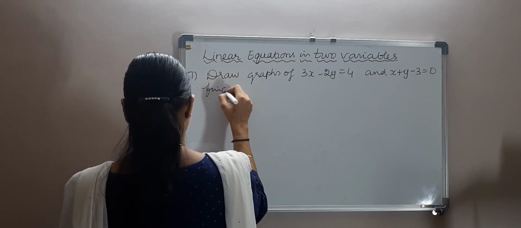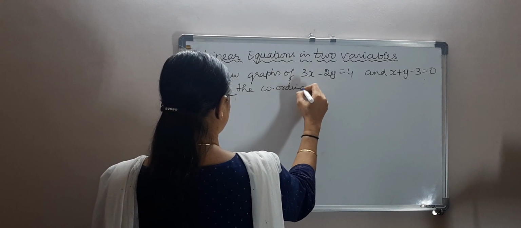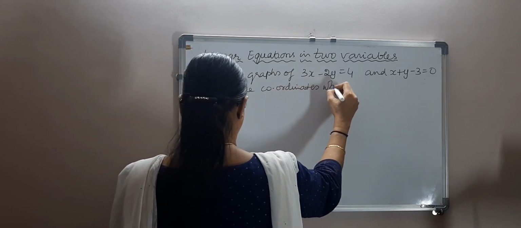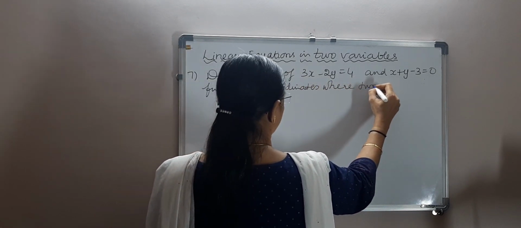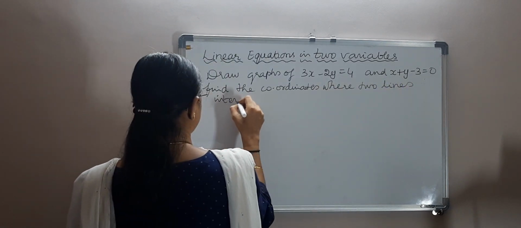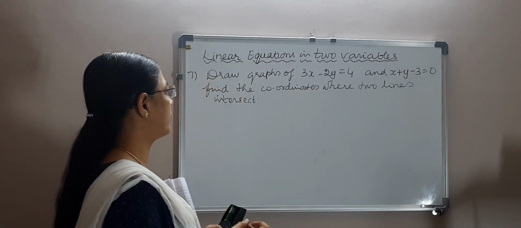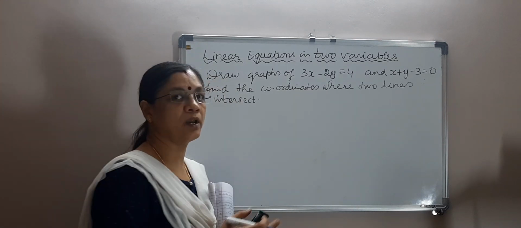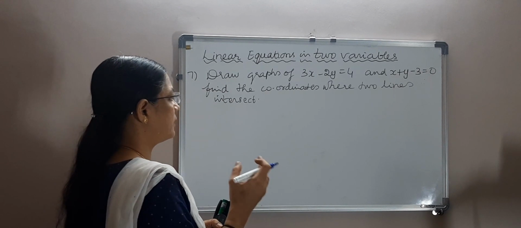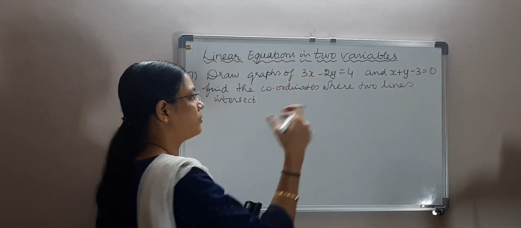Find the coordinates where the two lines intersect. So this is what they have asked you. They have asked you to draw graphs for two lines, and we need to find the coordinates where the two lines intersect. Okay, so first we need to draw two graphs.